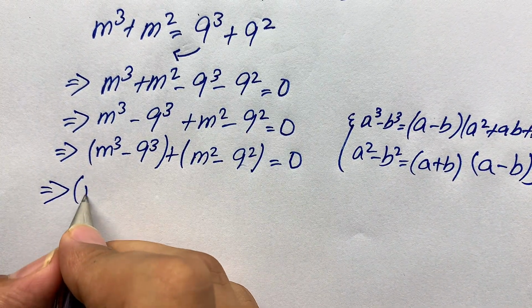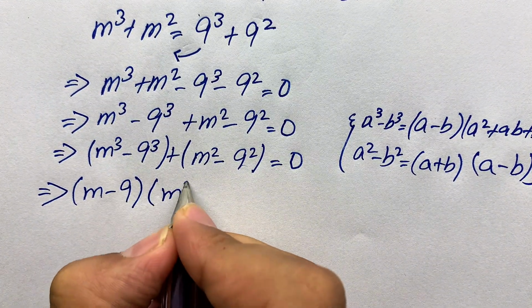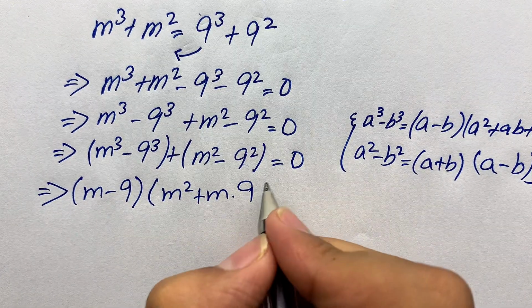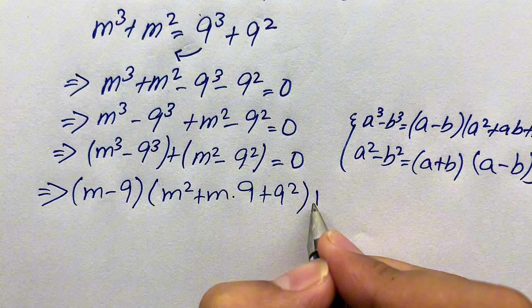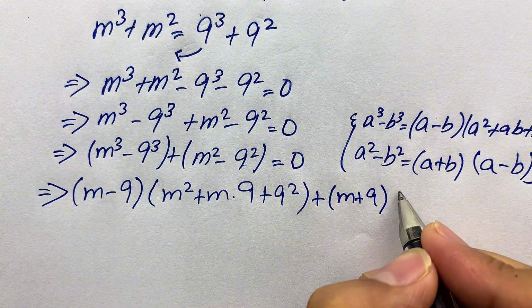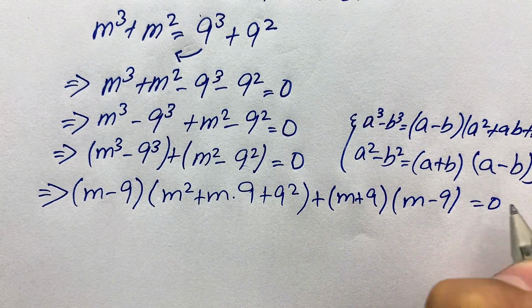This will be (m − 9)(m^2 + m × 9 + 9^2) plus (m + 9)(m − 9) is equal to 0.